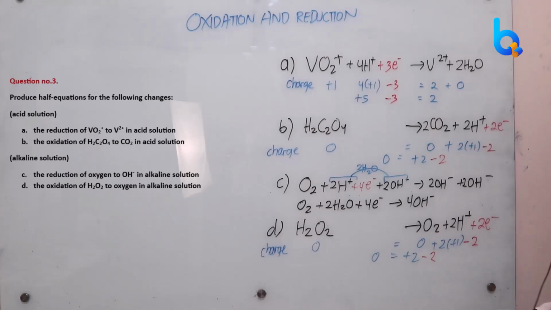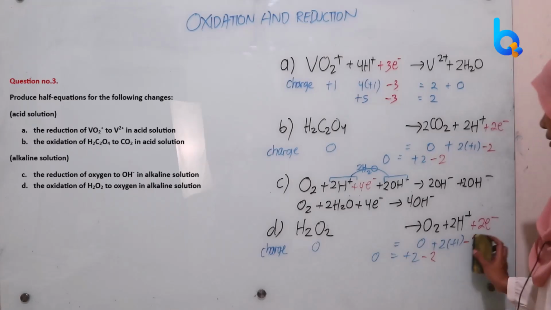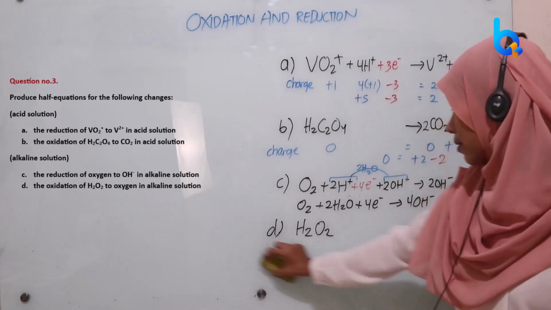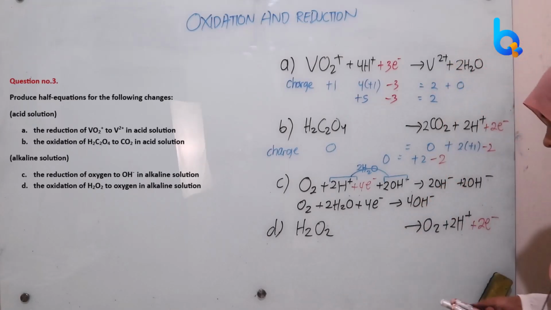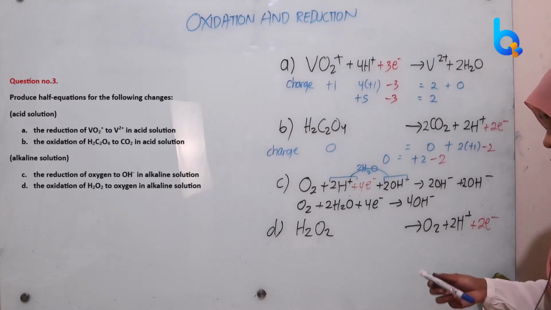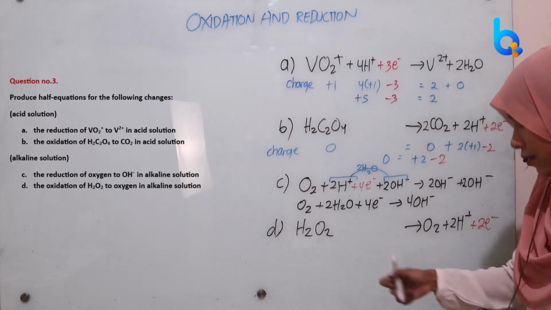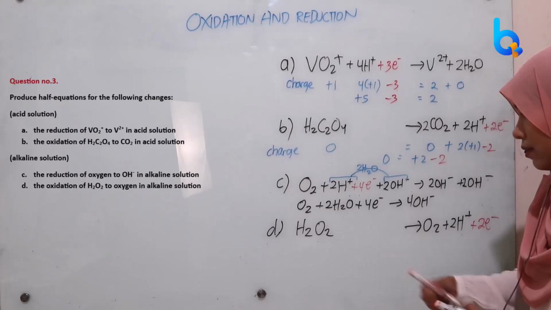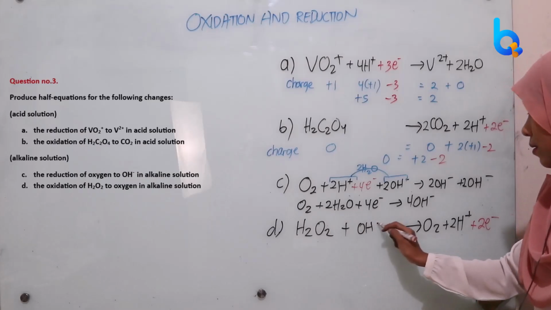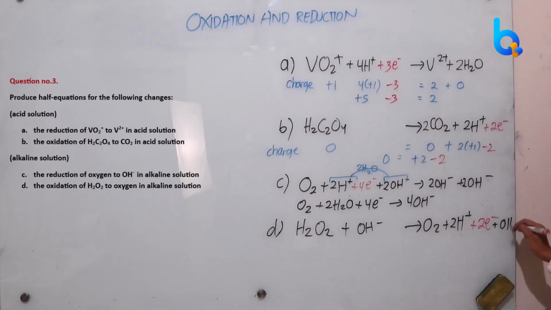Next, we have to continue the steps until 7. So let me erase the charge here. In this step, we have to add hydroxide, OH minus. This one also OH minus.